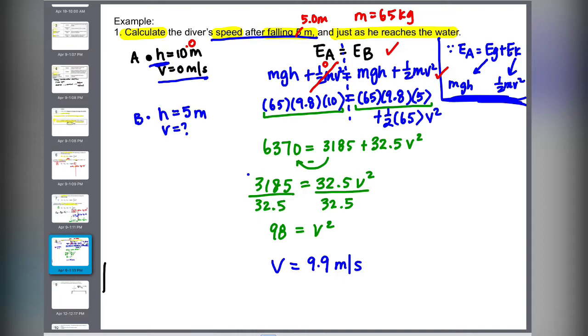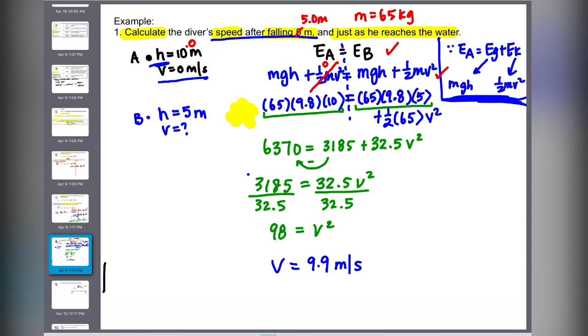Okay, going back to this part where I said you don't have to show anything in the green. If you're good with your calculator and you understand your math, you could punch it all in one shot, because you know that you need to subtract this number on the other side. You really could have started with the 65. I'm going to undo so you know which part I'm talking about.